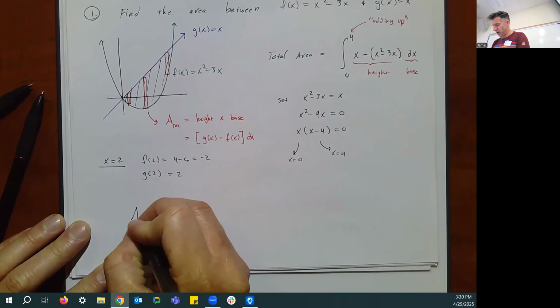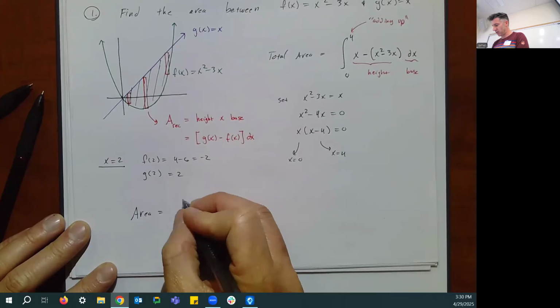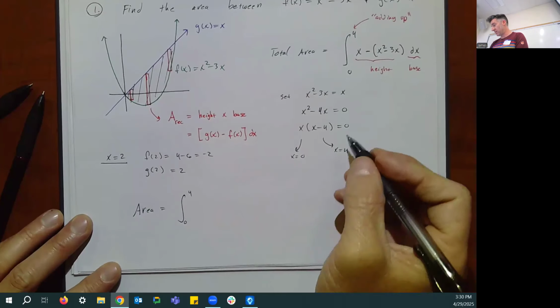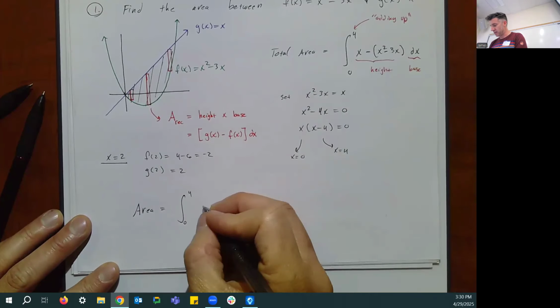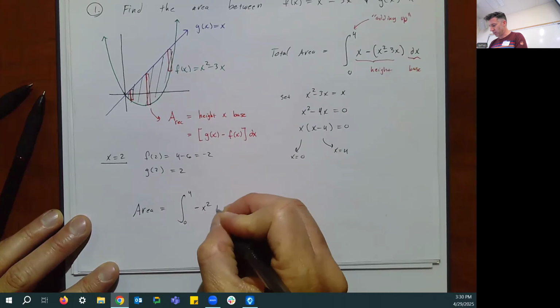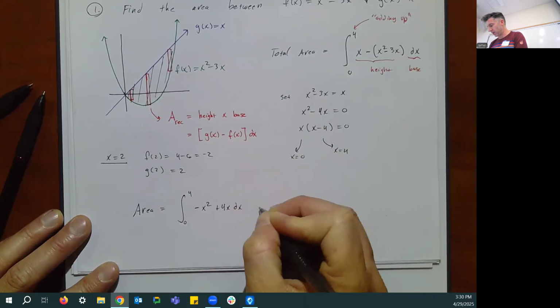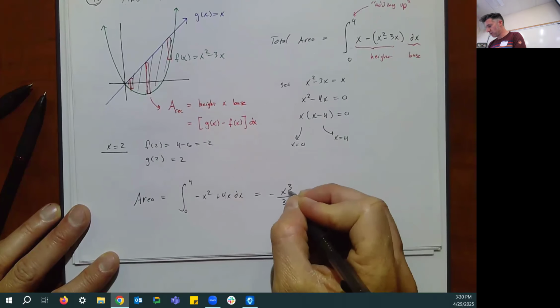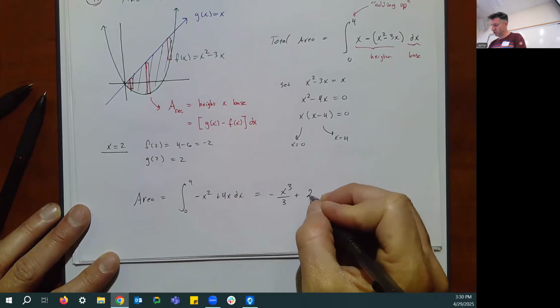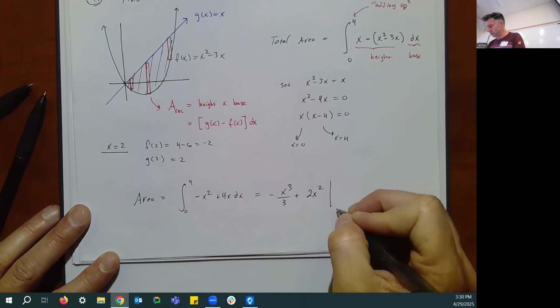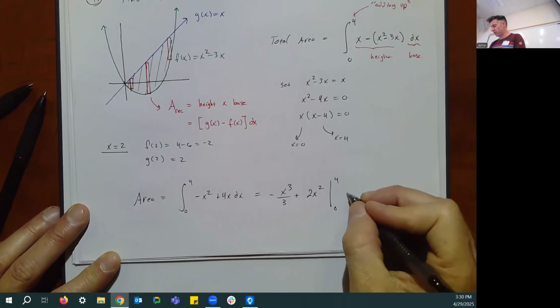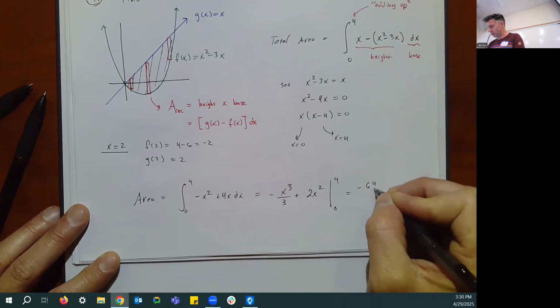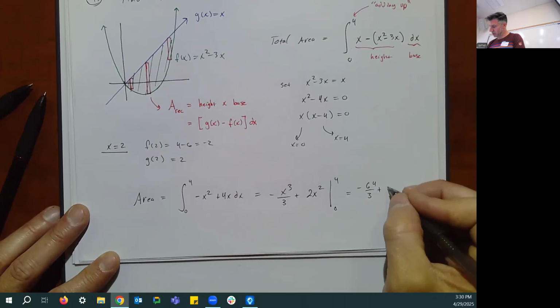So calculating our area here, we're going to get the integral from 0 to 4. I'm going to simplify my integrand as negative x squared plus 4x. And then we're going to integrate. We're going to get negative x cubed over 3 plus 4x squared over 2, which is just 2x squared, from 0 to 4. Plug in 4, we get negative 64 over 3 plus 2 times 16.